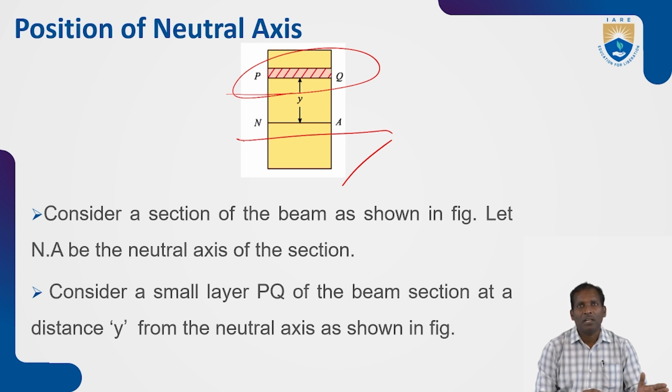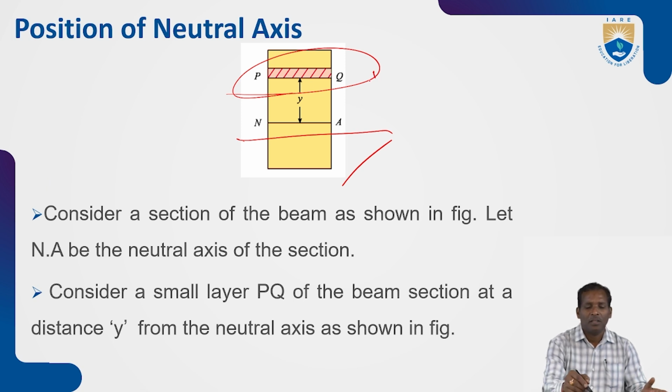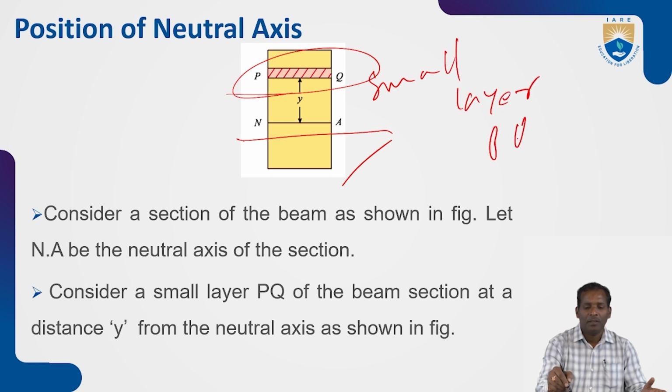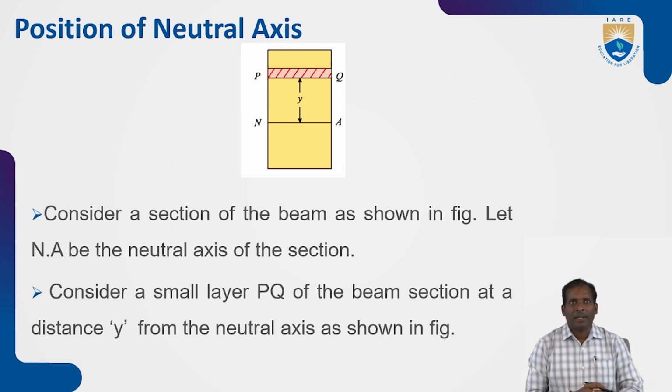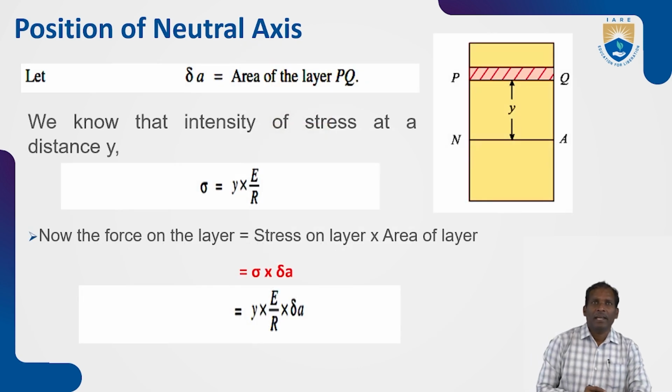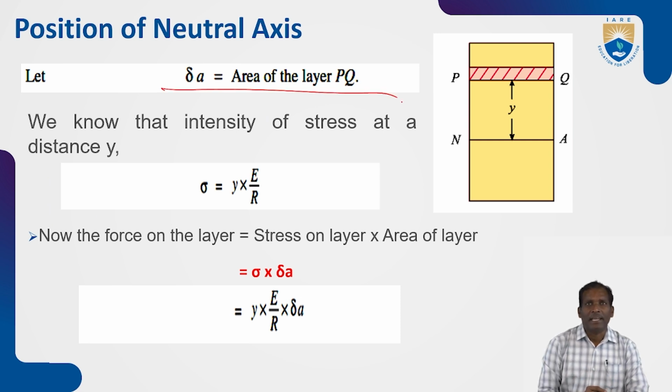So consider a small layer PQ of the beam section at a distance y from its neutral axis, as shown in the figure. Let delta A be the area of the layer PQ.